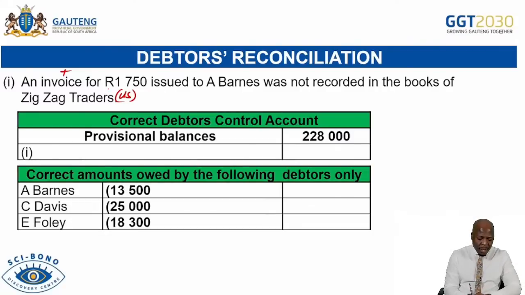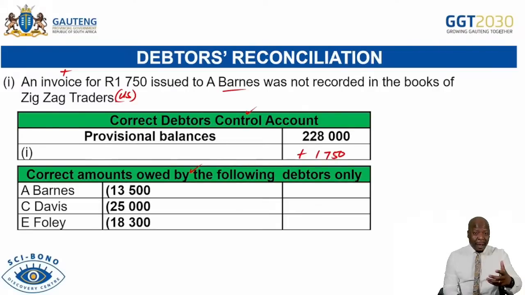So an invoice for 1,750, which we issued to Barnes, was not recorded in our books. The moment an invoice is not in our books, it means it was not posted to the control, and it is also not in the debtors list. Therefore, what do we do with such an invoice? Remember, an invoice is a plus. So I'll come in, then I'll say plus 1,750.